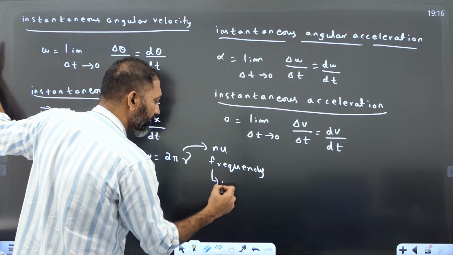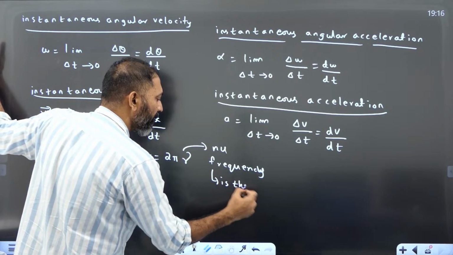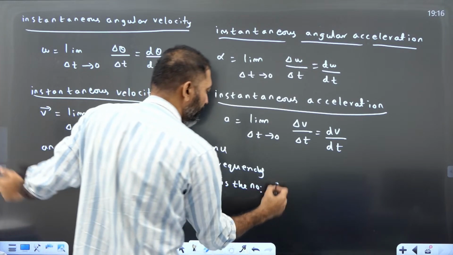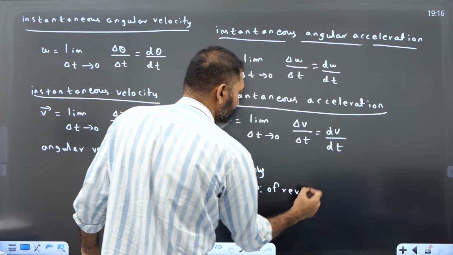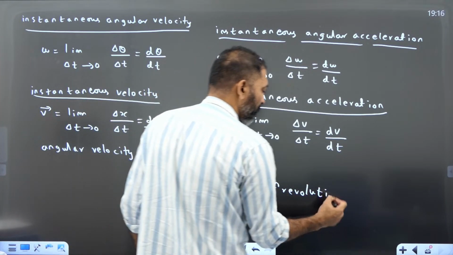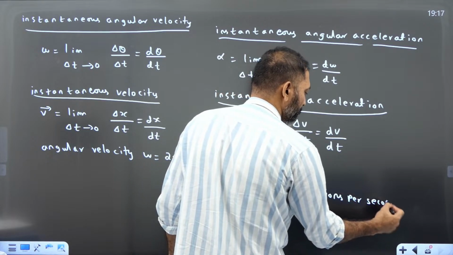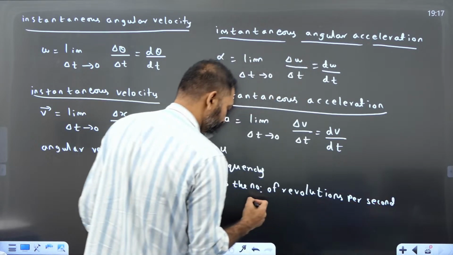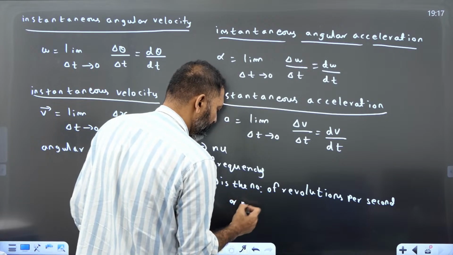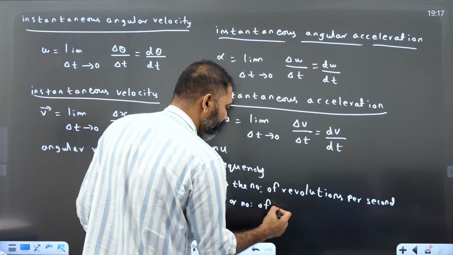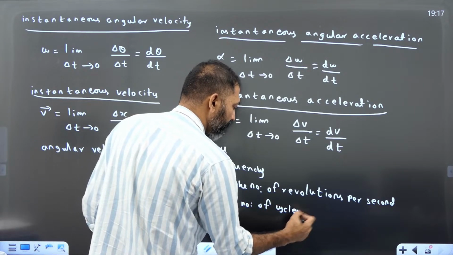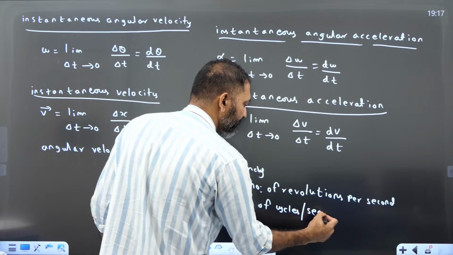Frequency is the number of revolutions per second, or some say number of cycles per second.